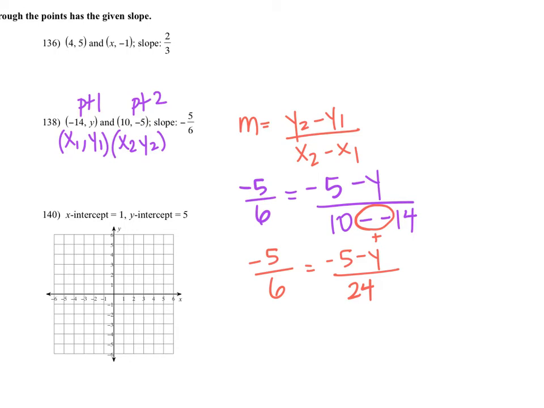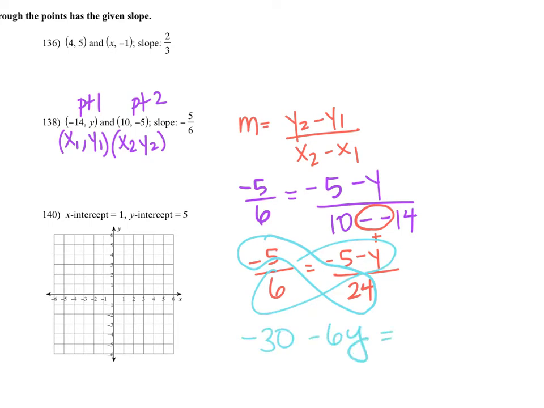And now it looks like a proportion, so I can cross multiply. So I get negative 30 minus 6y equals negative 120, I believe. So I'm going to keep going.